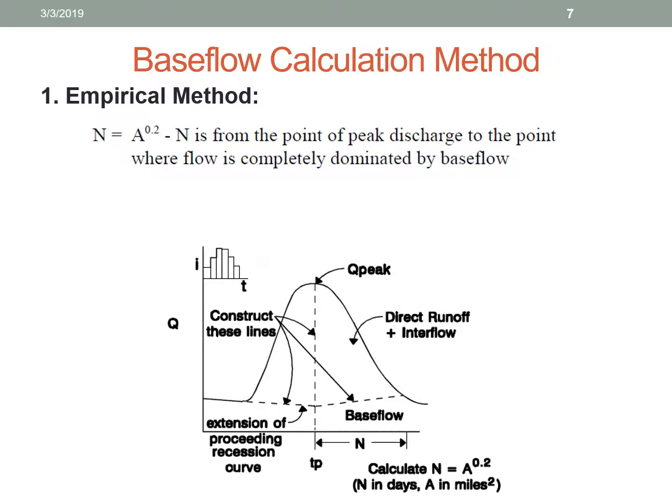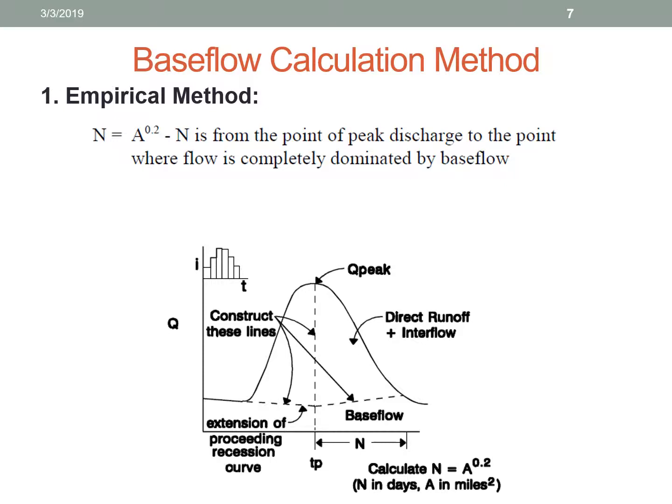Base flow calculation. How can we calculate base flow? The first is the empirical method. In empirical methods, you consider N equals A to the power 0.2. What is N? N is the time from the point of peak discharge to the point where flow is completely dominated by base flow.